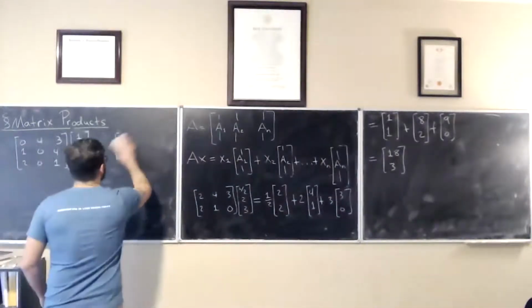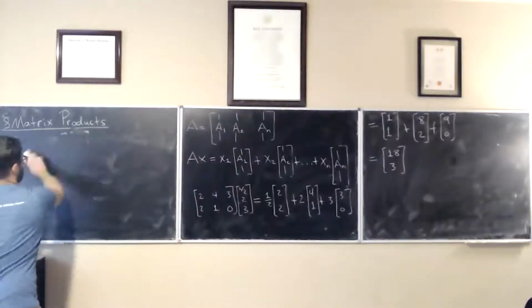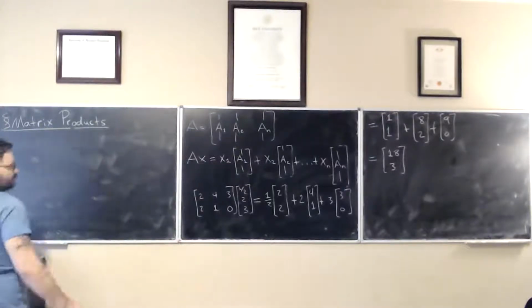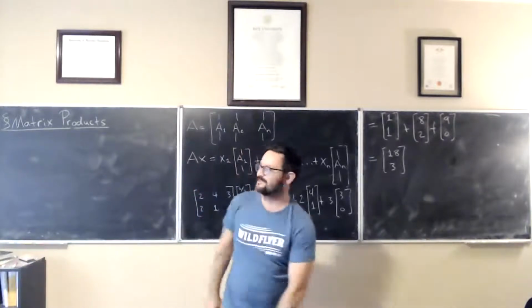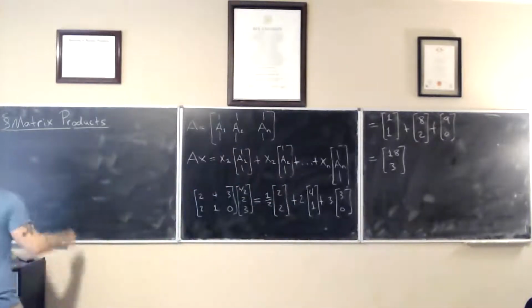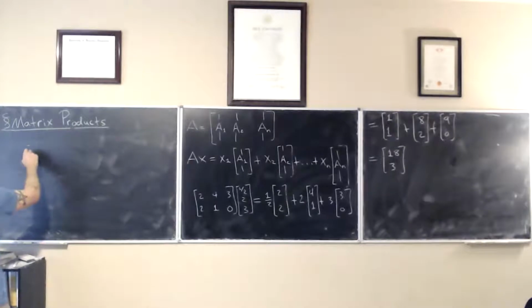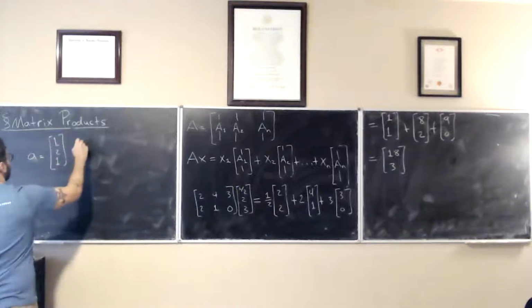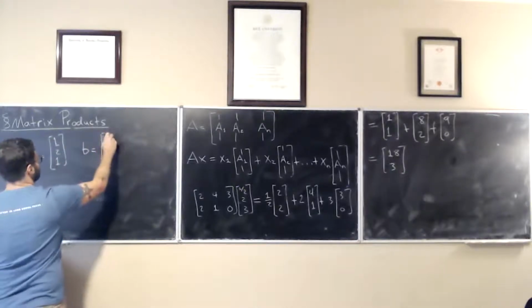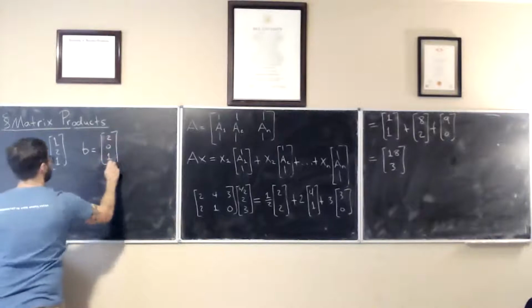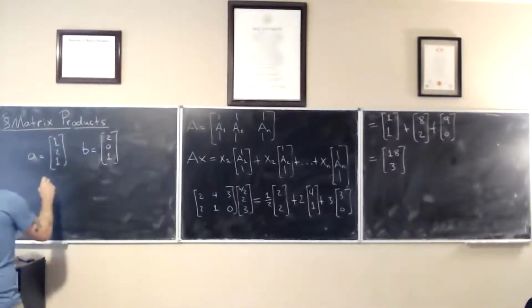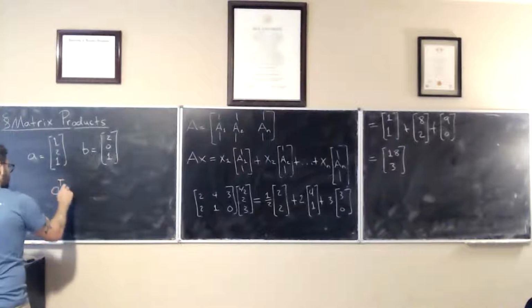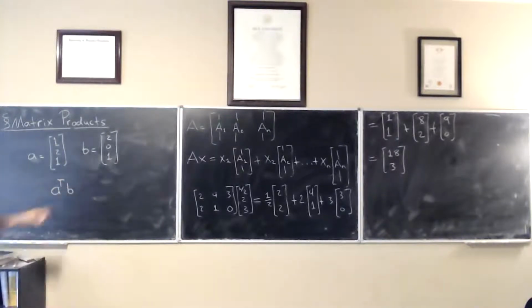Okay. So we finally get to understand the inner product. If A is equal to 1, 2, 1, and B is equal to 2, 0, 1 or something, we finally can understand why we write this the way we do.